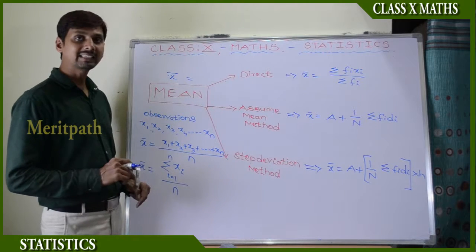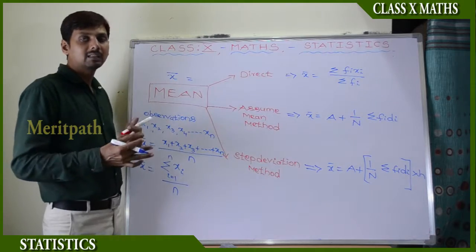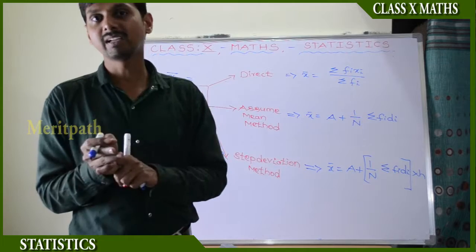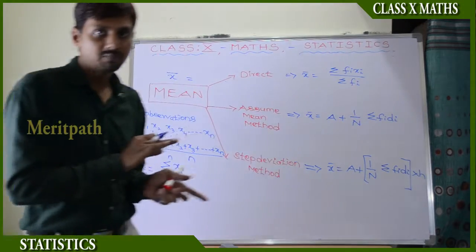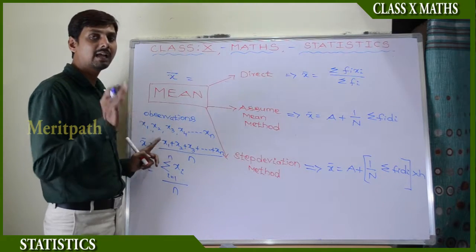In that case we get the frequency: the observation is repeating, so we multiply the observation by the number of times it is repeated, that is nothing but fi xi.